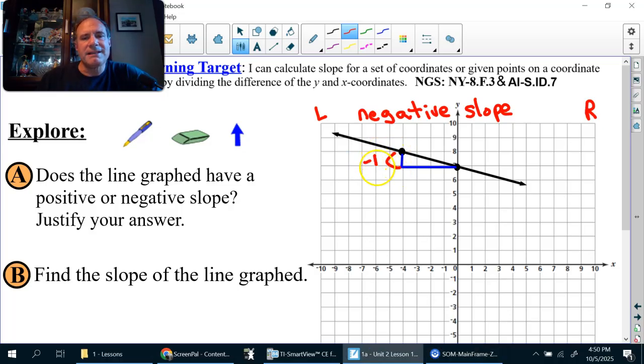Since we went down 1, put a -1. Then you are going to go 1, 2, 3, 4 to the right. 4 to the right is +4. So find the slope. Remember what the slope formula is. It is rise over run.